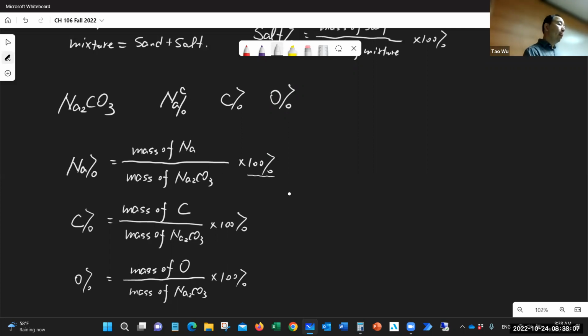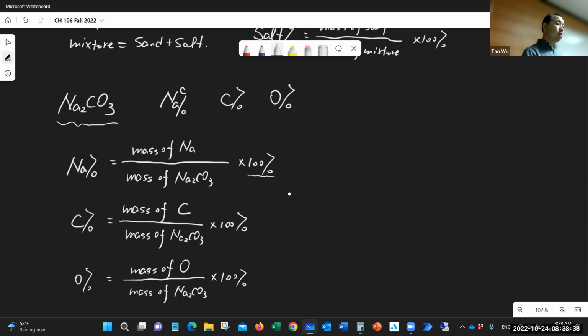Well, you see, here we're talking about the mass of sodium carbonate. You may ask, how can we find the mass of sodium? How can we find the mass of sodium carbonate? If we just go based on the formula, we can find the theoretical mass percent.